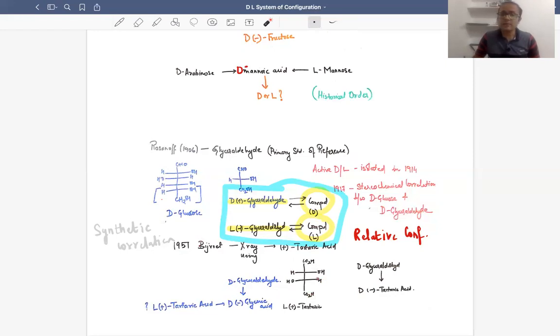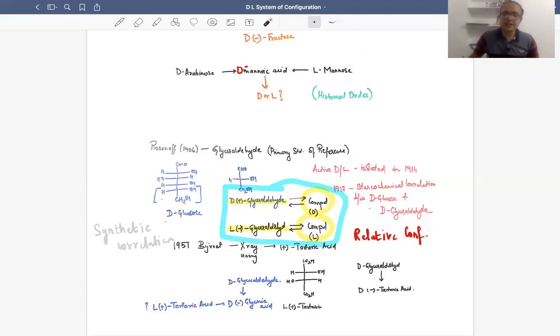And he came to know the absolute configuration of the dextrorotatory tartaric acid to be this particular configuration, which was already given by Fischer. So Fischer, indirectly by synthetic correlation, was able to give this particular structure for plus tartaric acid, which was later proved by the absolute configuration determined using X-ray crystallography. It's a very powerful tool which we now use to know the absolute configuration at every stereocenter.